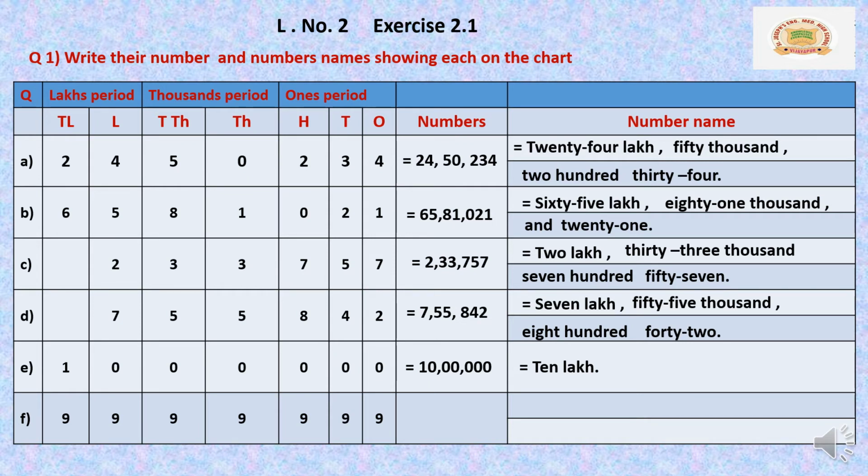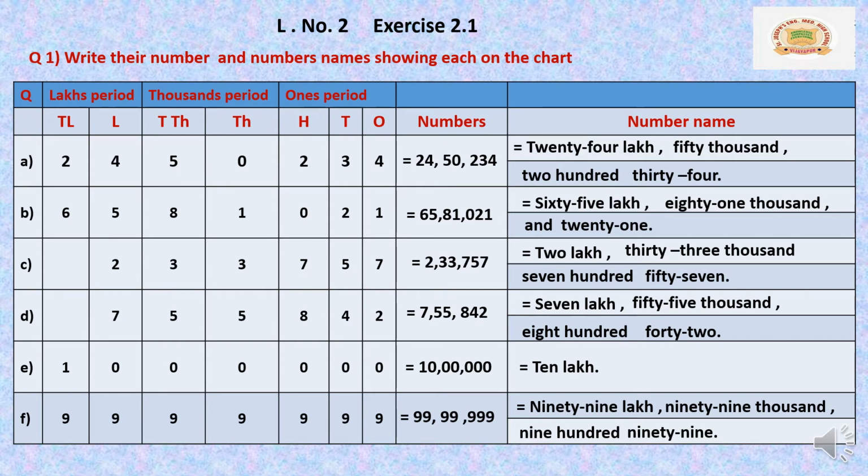What is the largest 7 digit number? 99,99,999. In the words, 99,99,999. This is the largest 7 digit number. So this is the completion of question number 1.